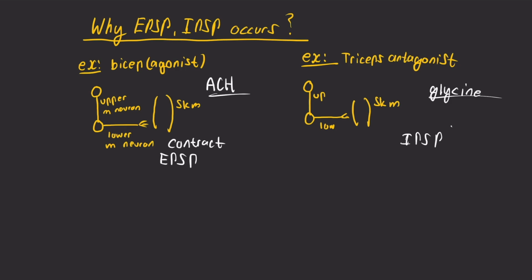You want to go against that contraction. You're not going to have any of these. Okay, so you're not going to have any end plate potentials or action potential because you have sent this type of neurotransmitter compared to, let's say, sending this type of neurotransmitter.